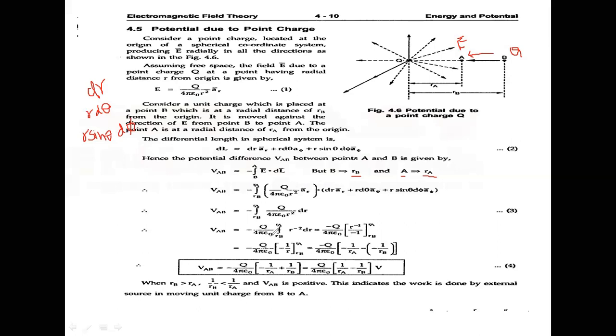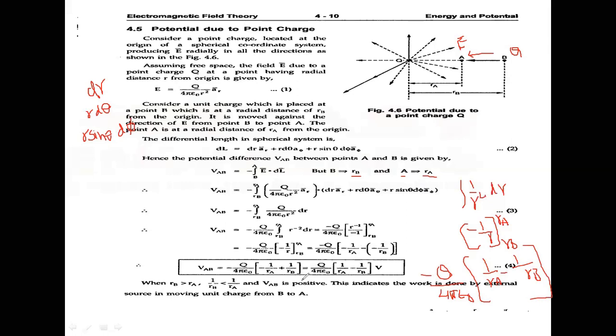Q by 4 pi epsilon naught is a constant, and the integral of 1 by R square dr is minus 1 by R, with upper limit RA and lower limit RB. Taking the minus sign out, we get minus Q by 4 pi epsilon naught into 1 by R, evaluated between the limits, 1 by RA minus 1 by RB.